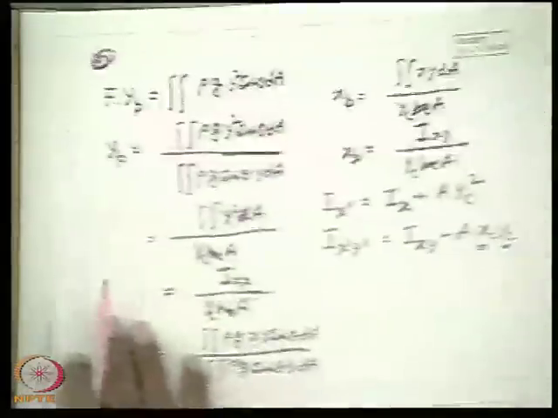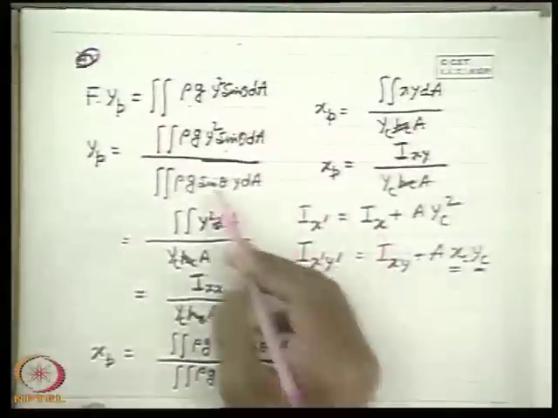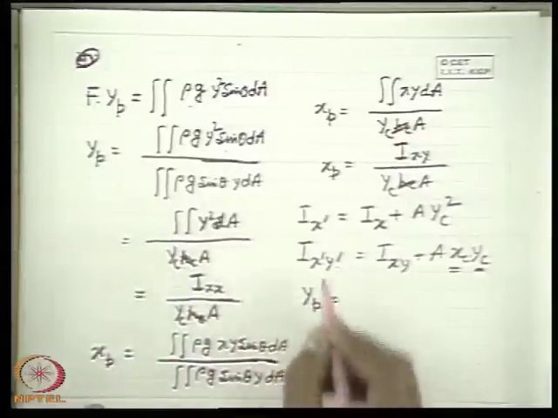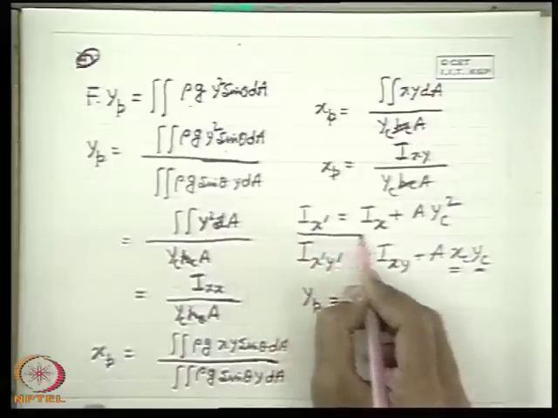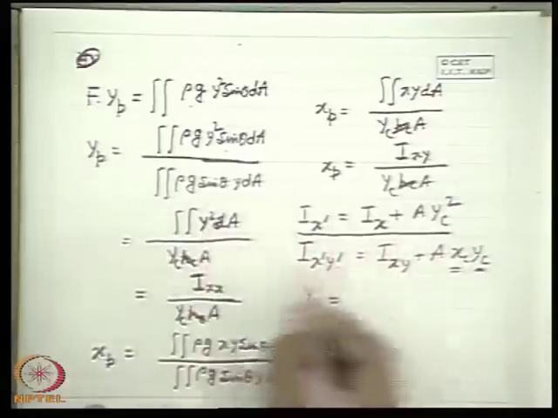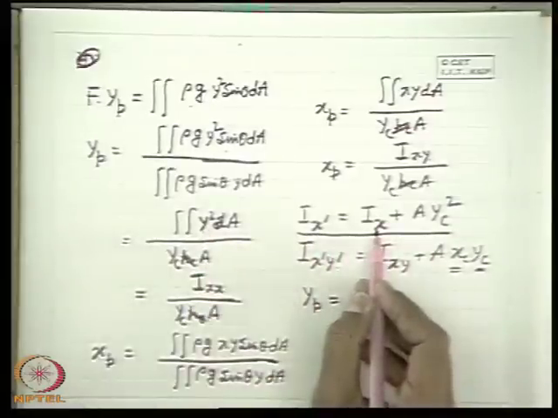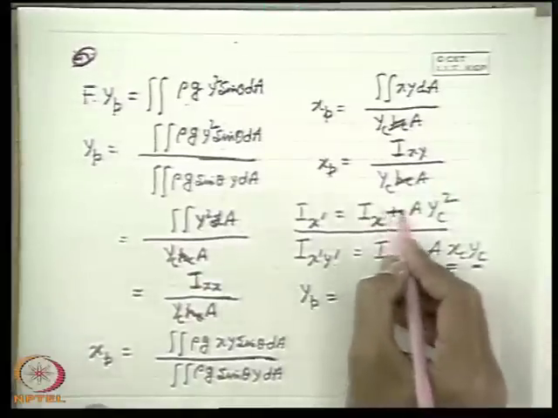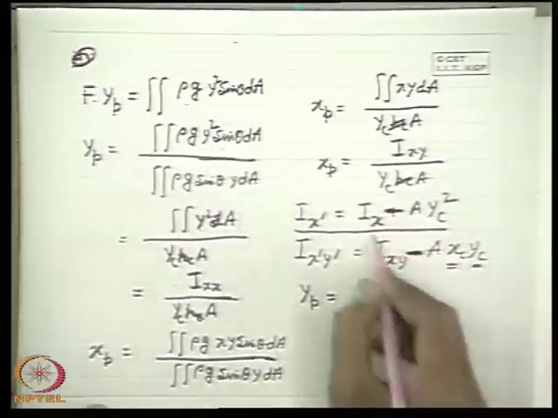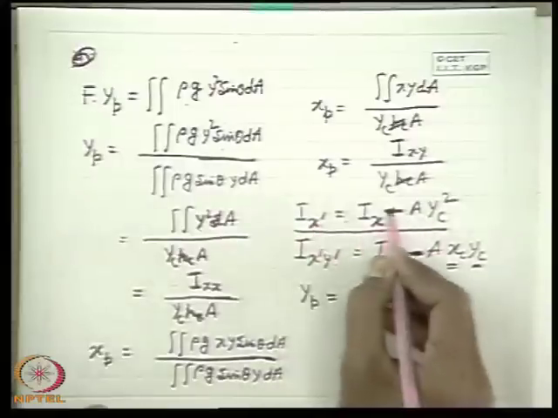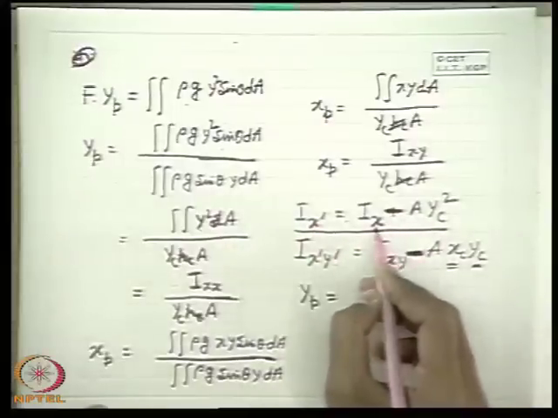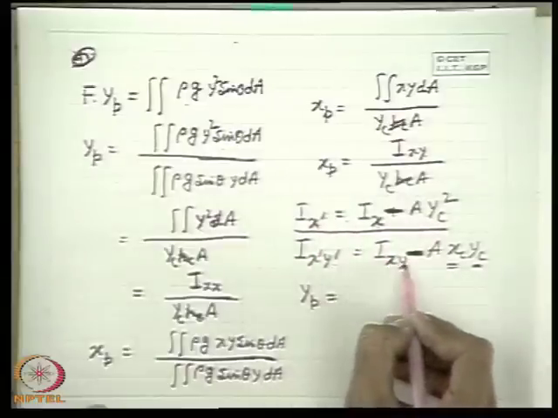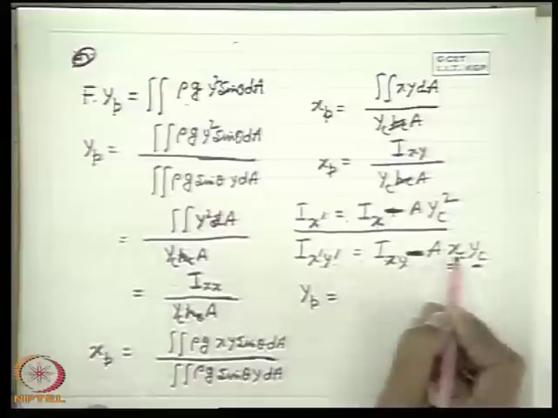Now if you substitute, you see interesting results come. Yp is equal to, if I substitute here, Ix. I am sorry, it will be minus. Ix will be Ix dash plus this, and Ixy in the old coordinates will be in the new coordinates plus this.